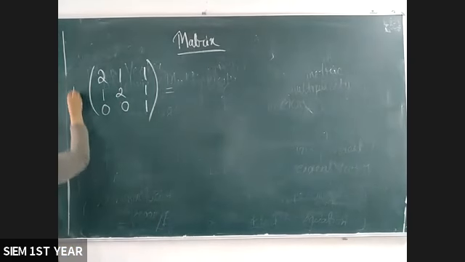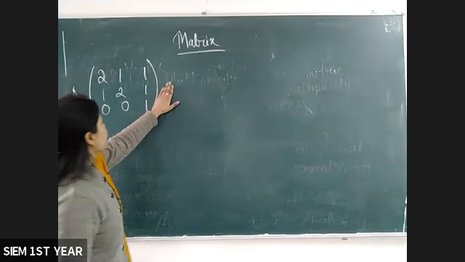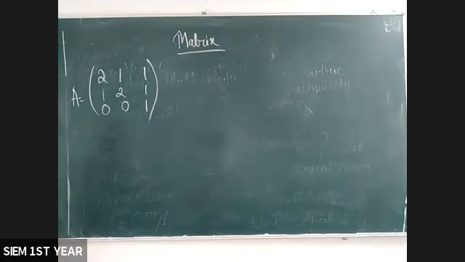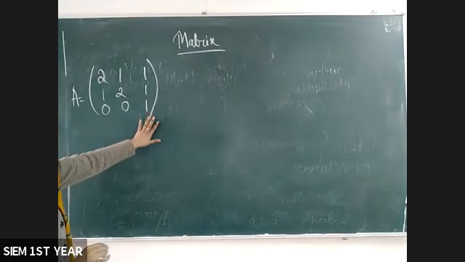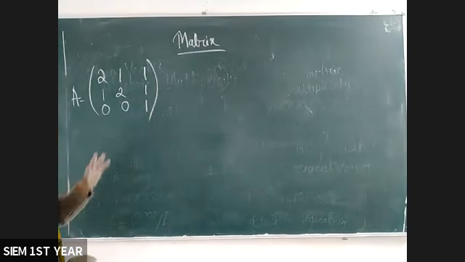Suppose this is your A. This is given: A is 2 1 1, 1 2 1, 0 0 1. This is obviously a 3 by 3 matrix, and as I told you, in a 3 by 3 matrix, you will get 3 eigenvalues and 3 eigenvectors.